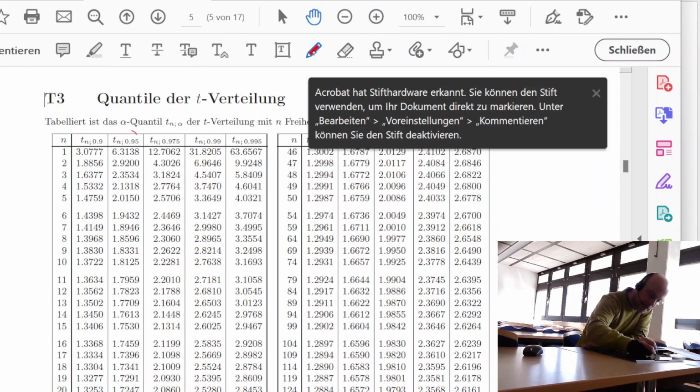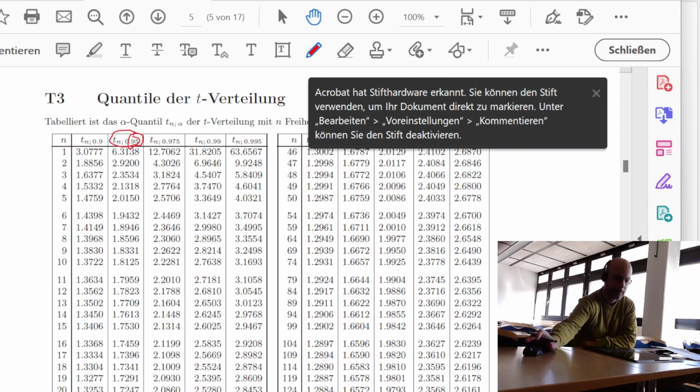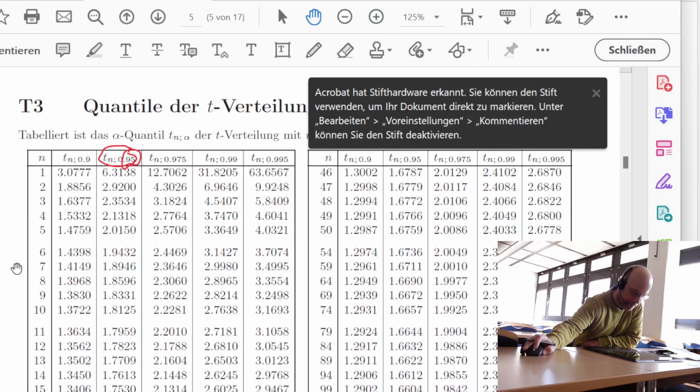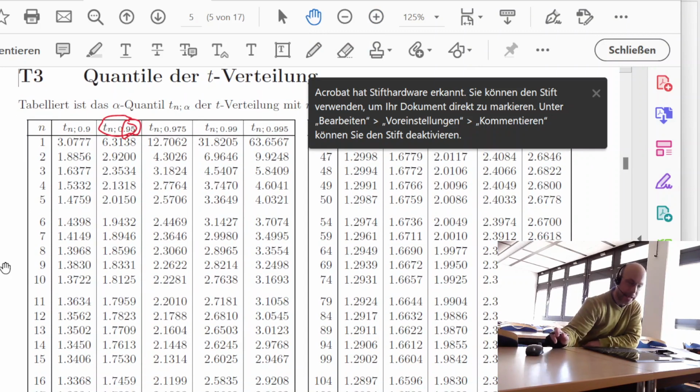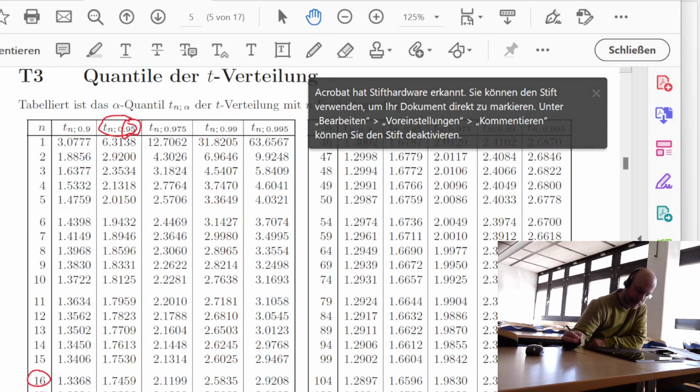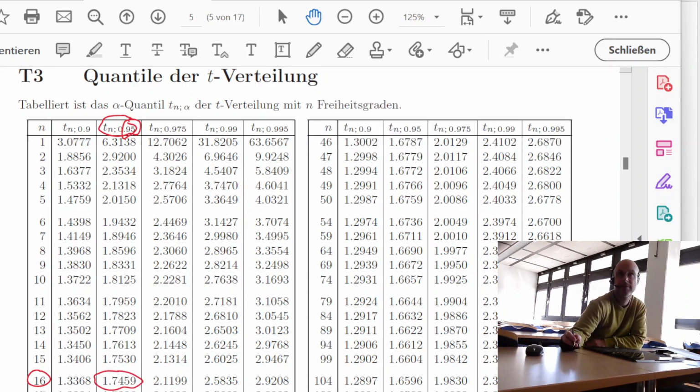then we have to take, as I explained, 95. This is here, maybe a bit larger. So then you see the 95. And we have a sample size of 16. So our t-value is approximately 1.75.